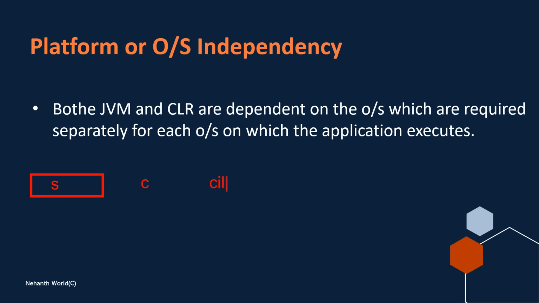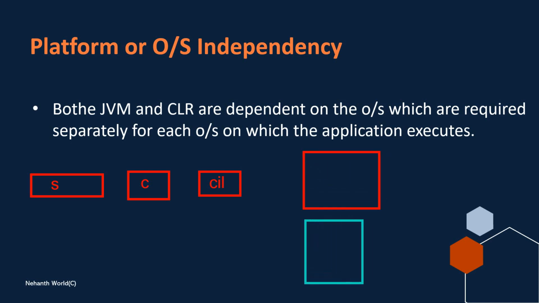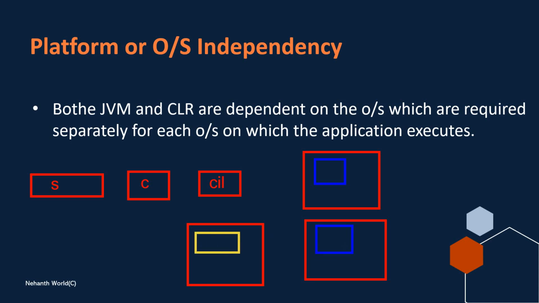After generating the CIL code, if you want to run the CIL code inside any operating system, like Windows, Mac or Linux operating system, there should be one software installed inside this, that is CLR.